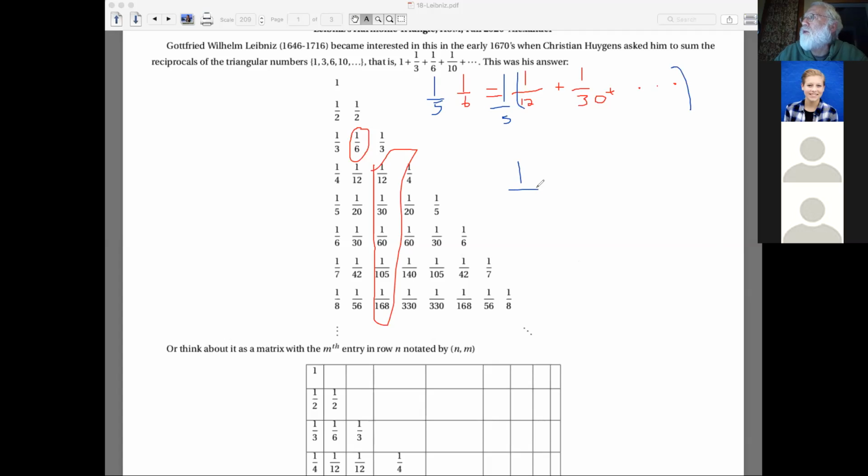I get 1 over 30 equals 1 over 60 plus 1 over 150, if I'm doing it right, and so forth. Yet another one. So that's a legal move too. Okay. Does that help?